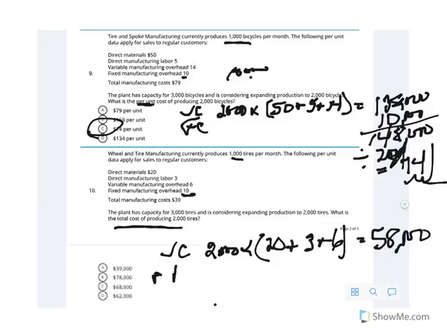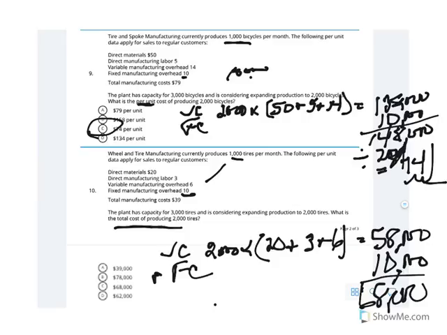And you have to add the fixed costs. Now, be careful, the fixed cost is fixed in total. It'll go down on a unit basis, but it remains fixed in total. So the fixed cost is 10 times 1,000 units, or 10,000. And my answer here is 68,000 total manufacturing cost, and that is C.